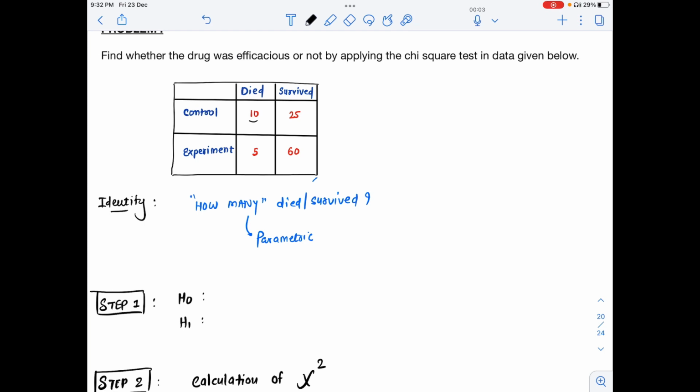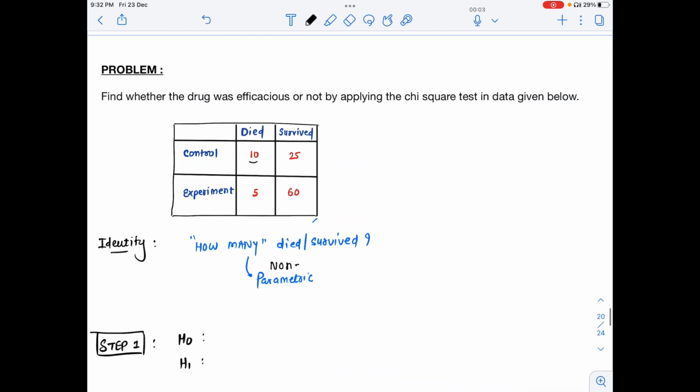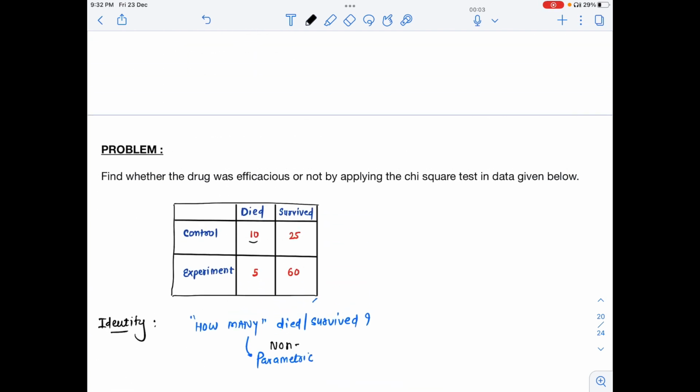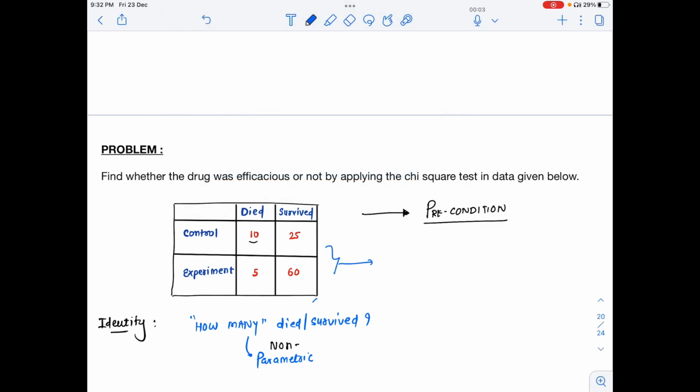So it is a non-parametric test and not a parametric one. So we will use the chi-square test. Okay. There is one precondition that you have to remember. Any of the individual values should not be less than 5.